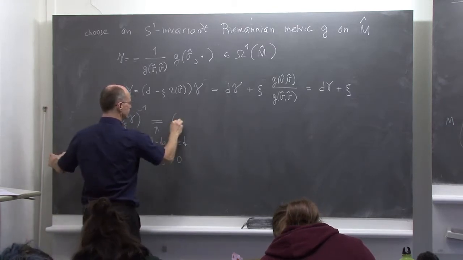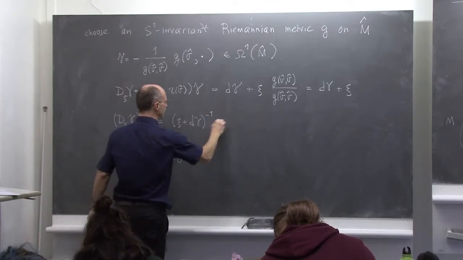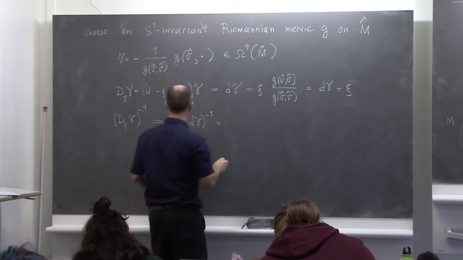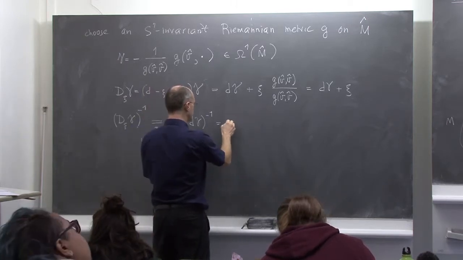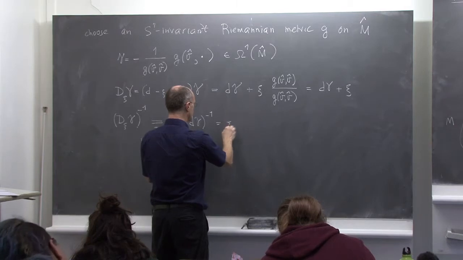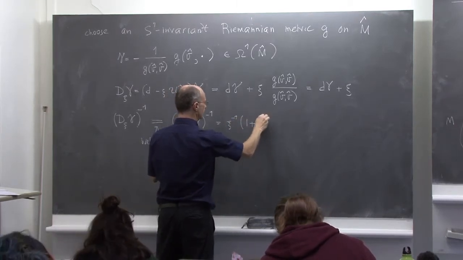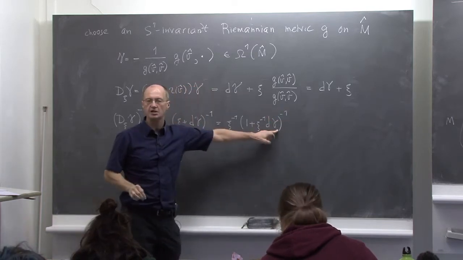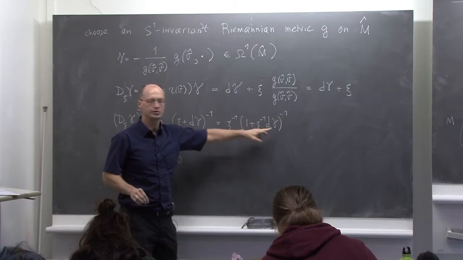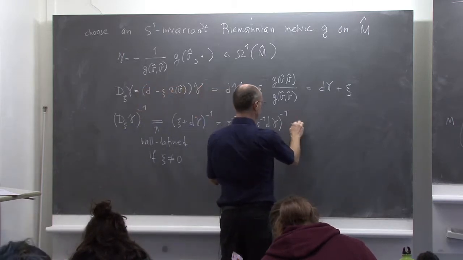So this is ψ plus dγ, and its inverse will be something like this. I can write it as ψ^(-1) (1 + ψ^(-1) dγ)^(-1). And here I can again just use a power series for (1+x)^(-1).